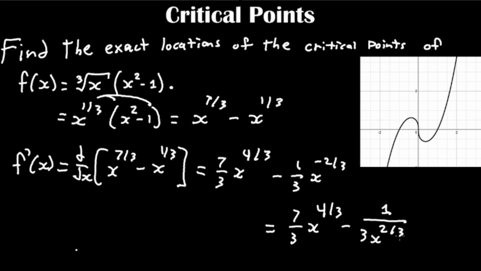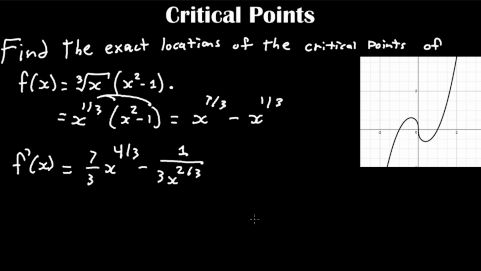Okay. So now, to find the critical points, we need to set this equal to 0. Well, we need to find where it's 0, but we also need to find where it's undefined. So, to find where it's 0, we just set the whole thing equal to 0: 7/3 x to the 4/3 minus 1 over 3x to the 2/3 is equal to 0.